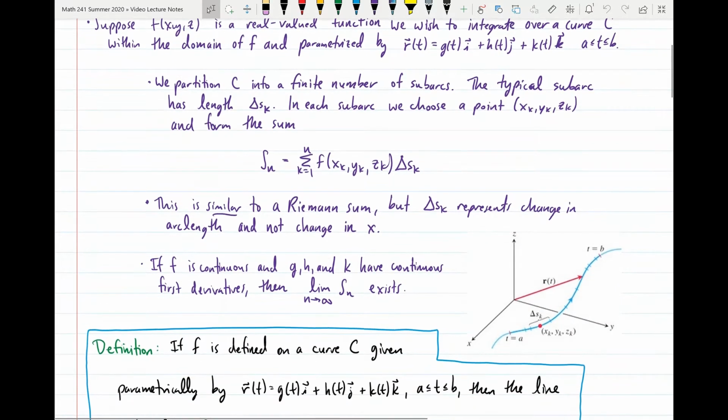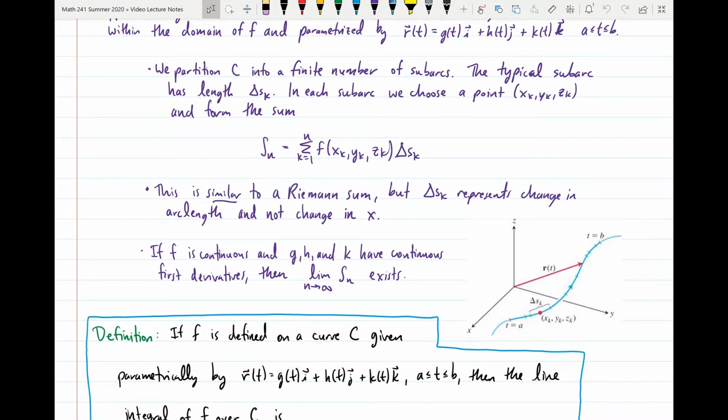Then we can partition our curve c into a finite number of subarcs. So if you look at the diagram that I have in the bottom right here, we're partitioning our curve in blue into a bunch of subarcs that are denoted by the dashes on the different lines here.